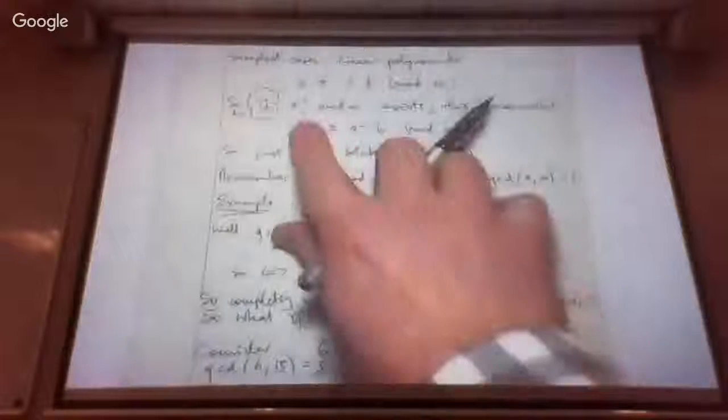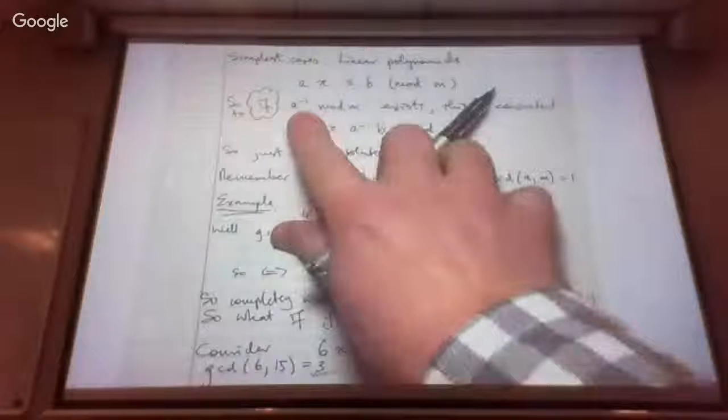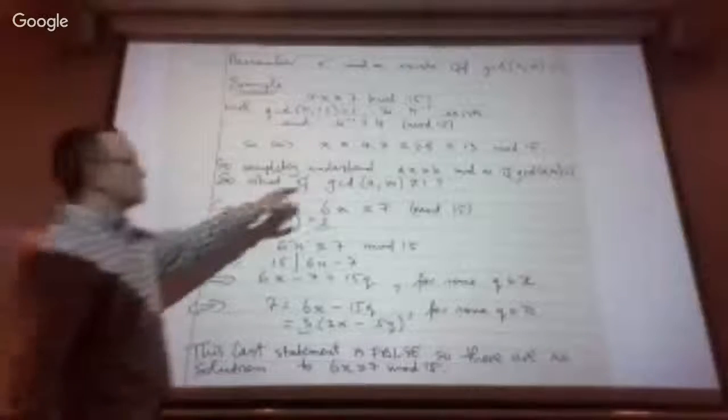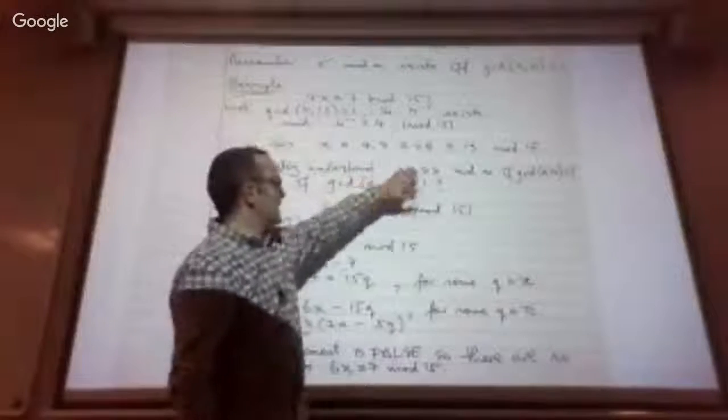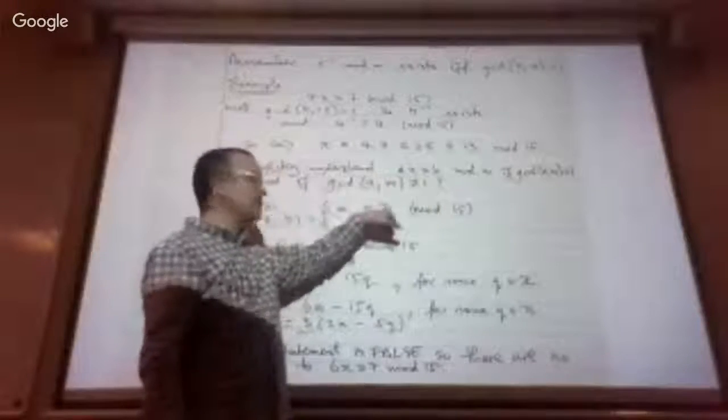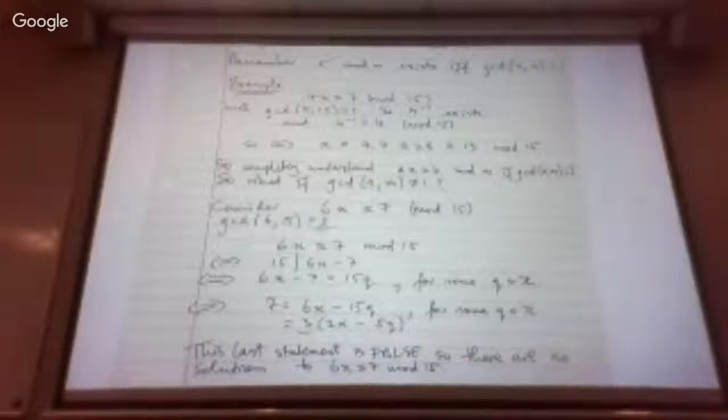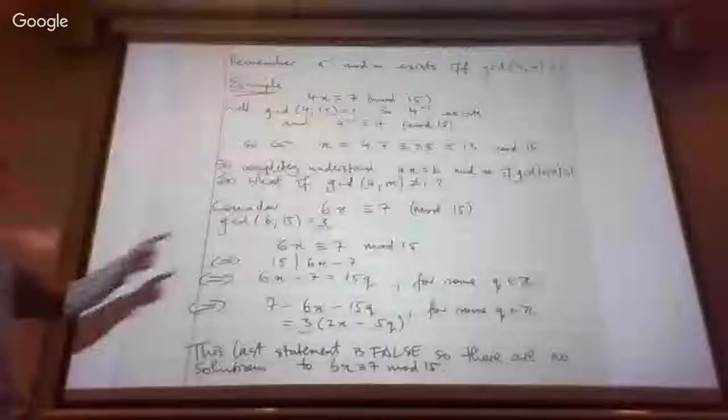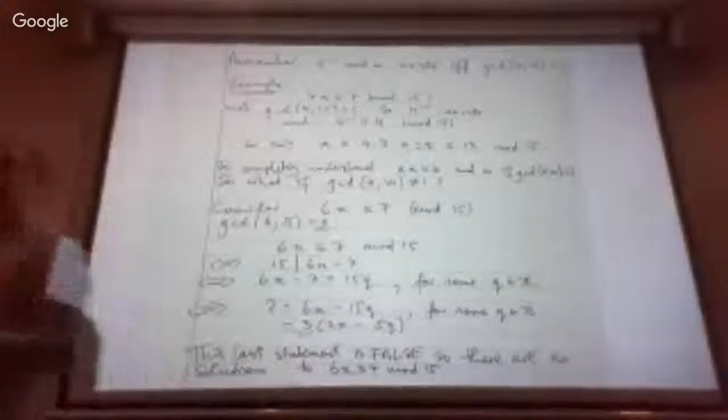So we already understand it when the inverse does exist. Now we understand it when the inverse doesn't exist and the greatest common divisor between A and M does not divide the constant term. So the only case remaining is when it does divide the constant term. Let's look at another example where we replace the 7 with something which can be a multiple of 3.